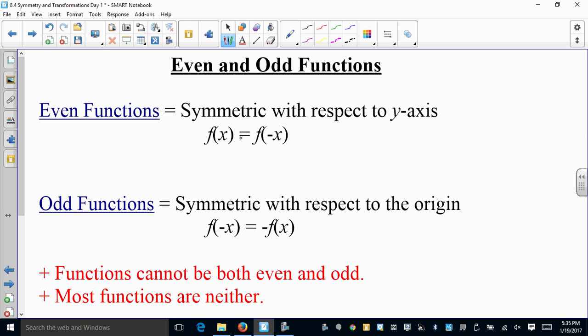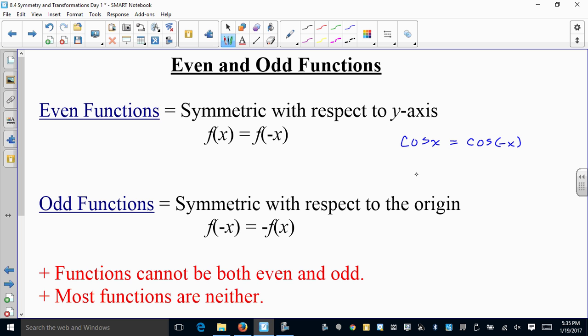Since we've already done trig, I'm going to throw trig as an example. Cosine of x is equal to cosine of negative x. It doesn't matter which direction you go, you're going to get the same sign. 45 degrees, cosine is radical 2 over 2. Negative 45 degrees, cosine is still radical 2 over 2. So that's one of the things we get to use.